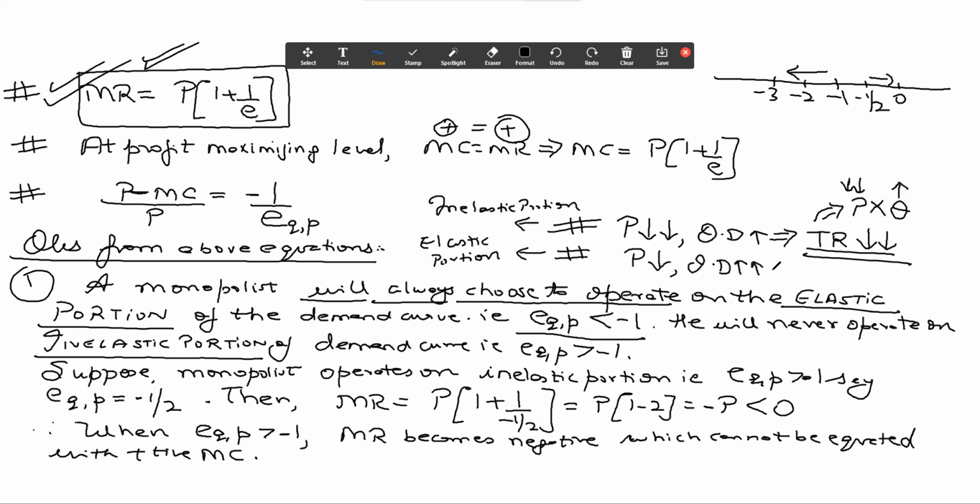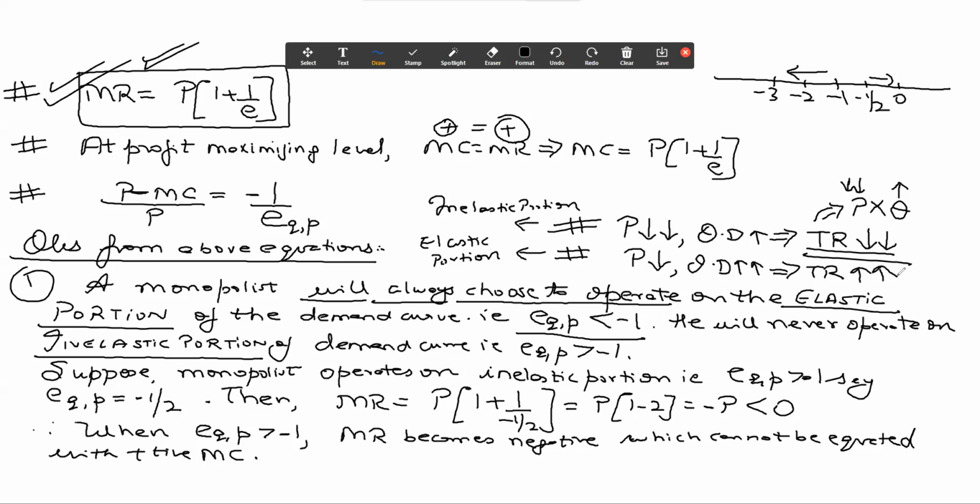It's more sensitive, which will cause my total revenue, which is the product of the two, to rise. And this is what the monopolist wants, that the total revenue should go up.